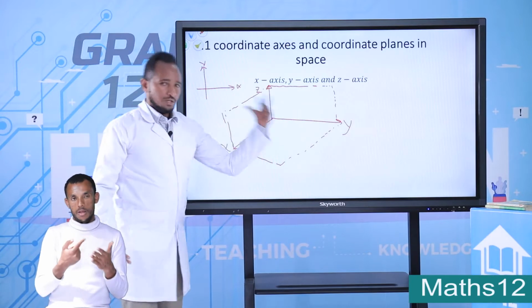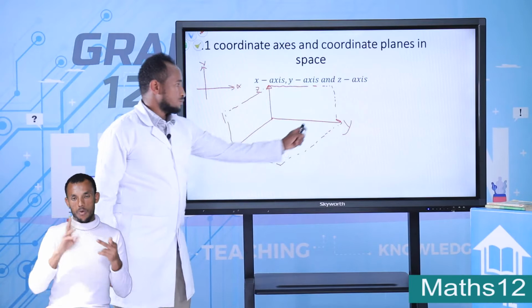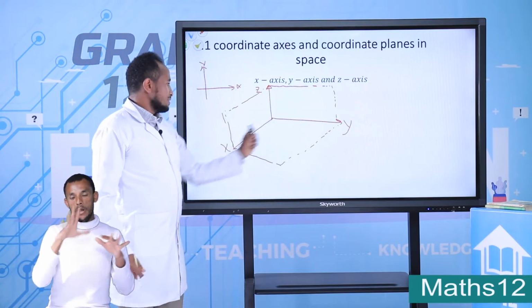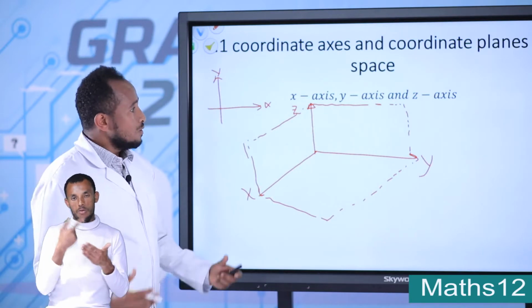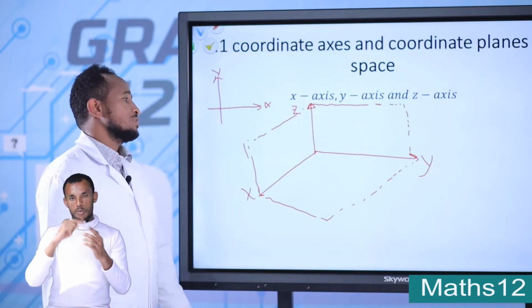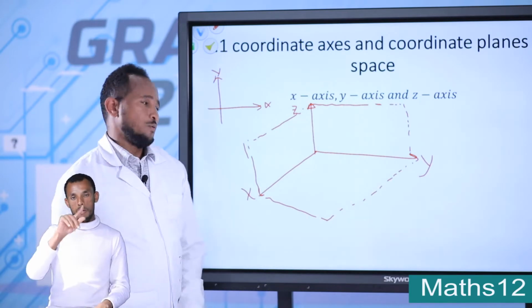So these are the coordinate planes in space. We have the xy plane, zy plane, and xz plane. Next, we'll try to locate points in this space.